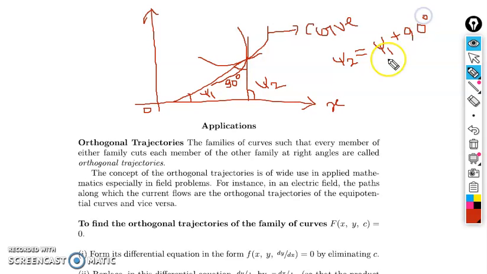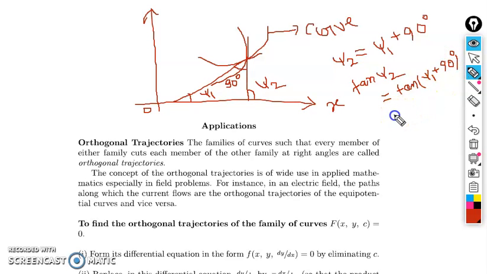If we take tangent on both sides, the left hand side becomes tan phi 2, and the right hand side becomes tan of phi 1 plus 90 degrees.